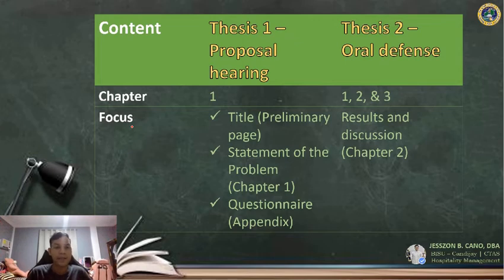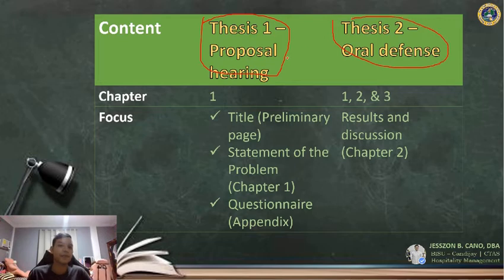Okay, for the summary, thesis 1, which is the proposal hearing, you will undergo in this term or this semester. And then next sem, you will undergo thesis 2, or thesis writing 2, where you will undergo oral defense.